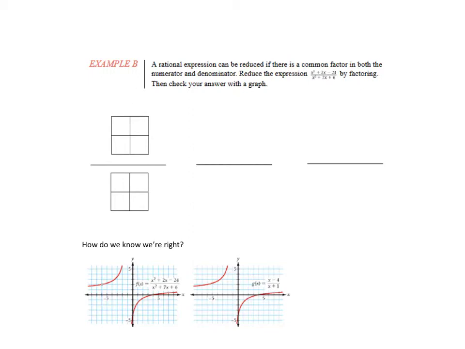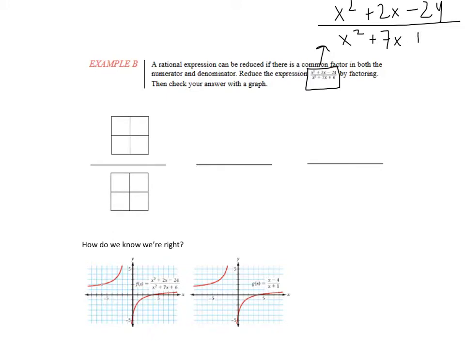Example B is going to have us use our ability to factor quadratics in order to simplify rational expressions. And our rational expression here, which is kind of hard to read, is x squared plus 2x minus 24 over x squared plus 7x plus 6.